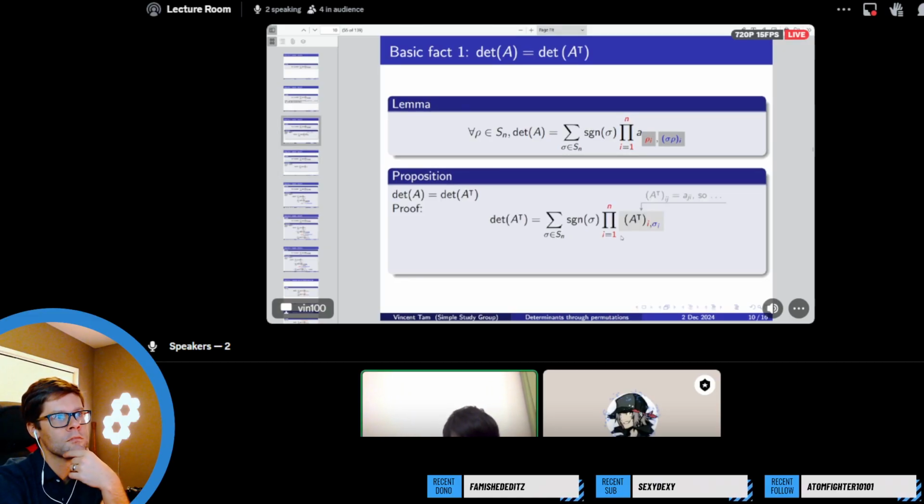The step is to again recall the definition, and I have a convention. If there's a matrix and I don't want to use another symbol, I'll just put a bracket, with the capital letter representing the matrix, and two small subscripts representing the row and the column index of the entry.